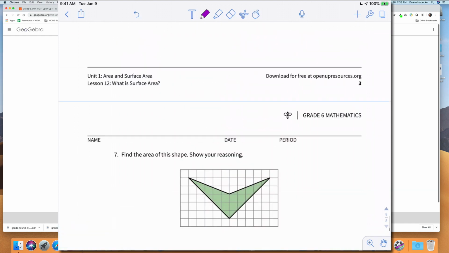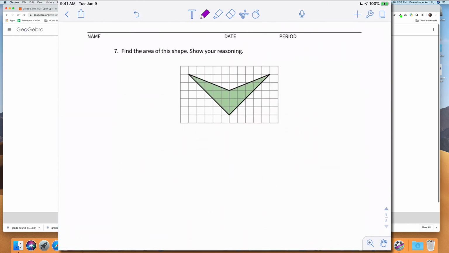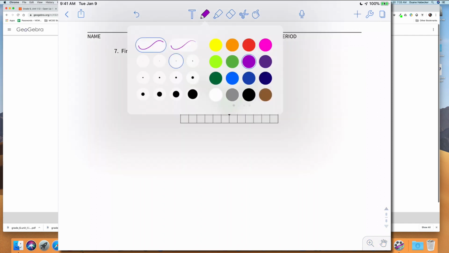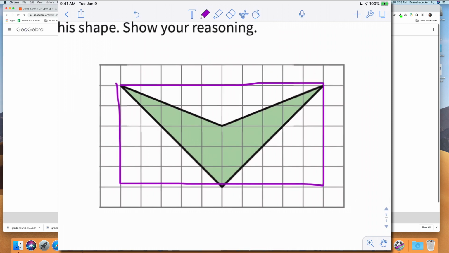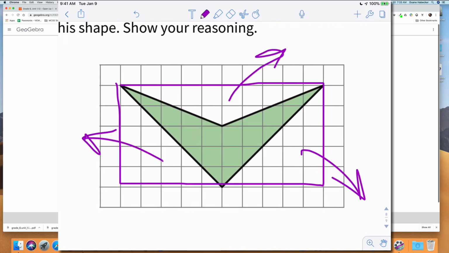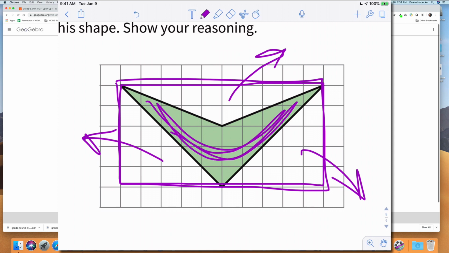And looking like our last problem, find the area of this shape. Well, we can use that same previous strategy if we want, and find the entire rectangle, and then subtract out those 3 triangles. And that's going to leave this funky shape right here.